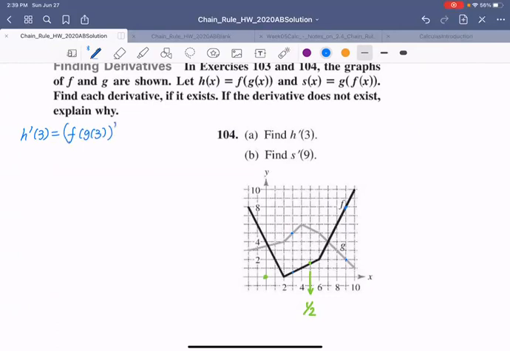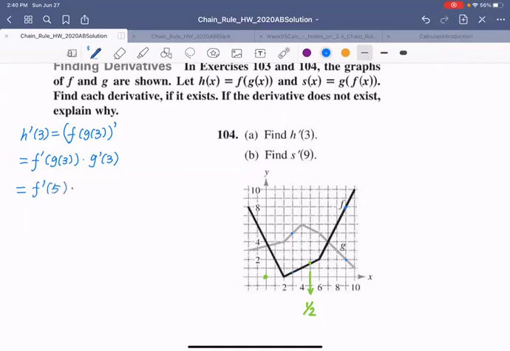That guy's derivative, right? So we use the chain rule. We put the f prime here, f prime of g of 3 times g prime 3. Now let's find out g of 3. g of 3 looks like it's 5. So it becomes f prime 5 times g prime 3.